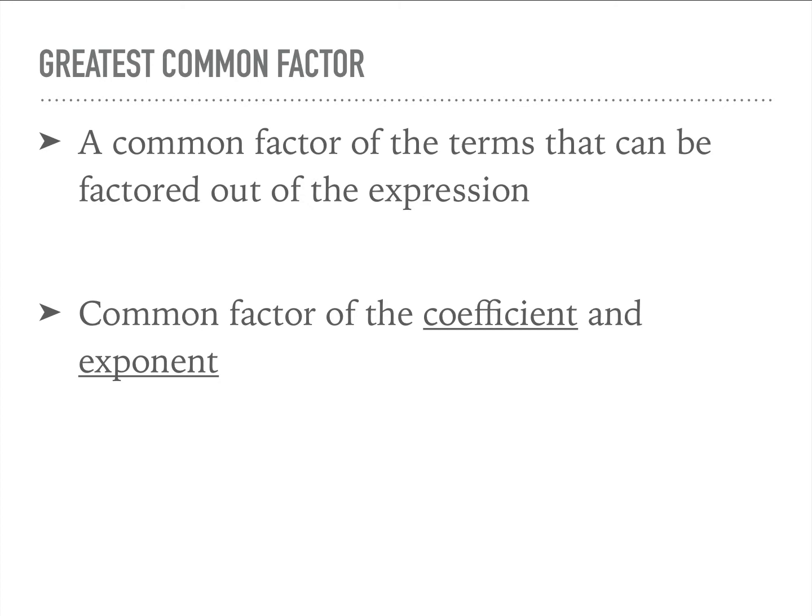A common factor of the coefficient and of this says exponent, but it should be variable. So we have to look and see what's common in all of our coefficients and what's common in all of our variables.